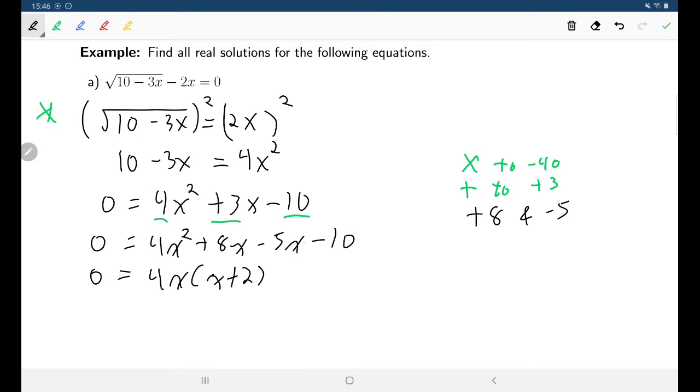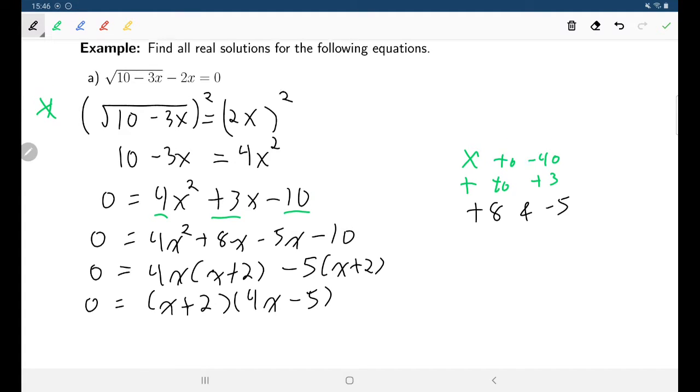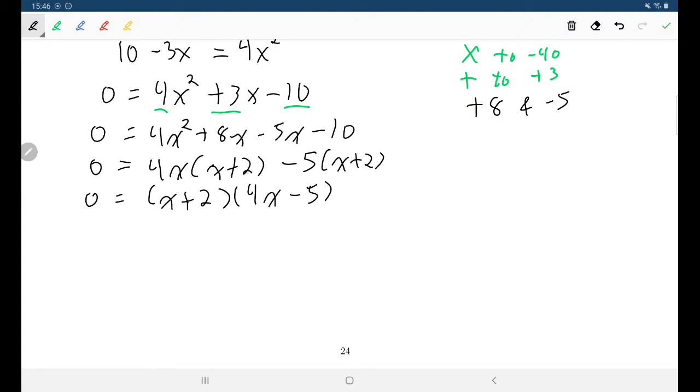So 4x is factored out, leaving x plus 2 behind. I factor out a minus 5, leaving x plus 2 behind. X plus 2 comes out as a common factor for both, leaving 4x minus 5. And now we can say what our solutions are.